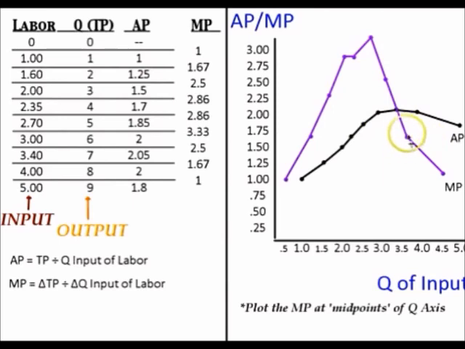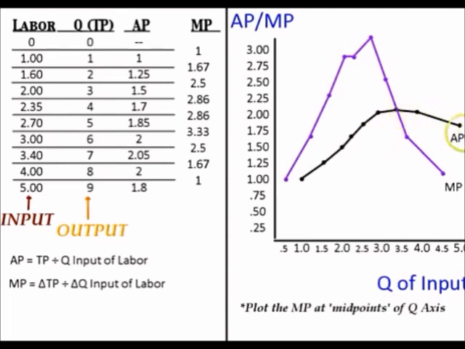However, if you score a grade in a class higher than your average, again assume your average is a 3.0, if you get an A in my class, it's going to pull your average up. So as long as the marginal is greater than the average, it's going to pull the average up. As soon as the marginal is less than the average, it's going to pull the average down.